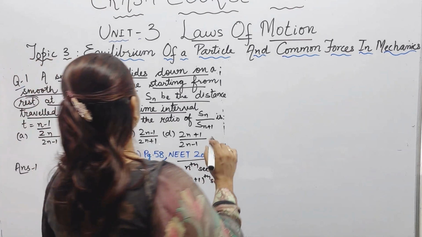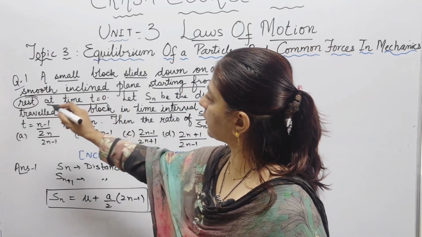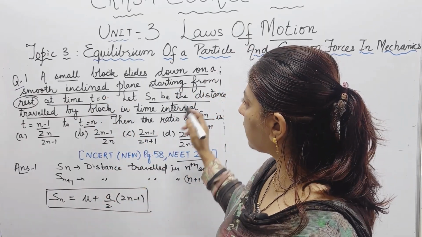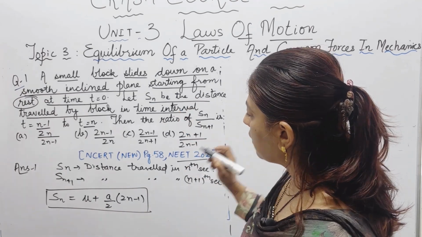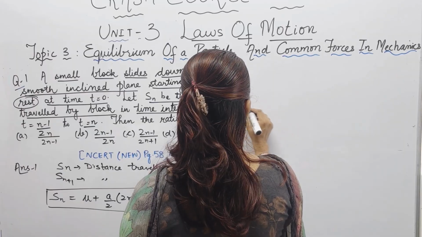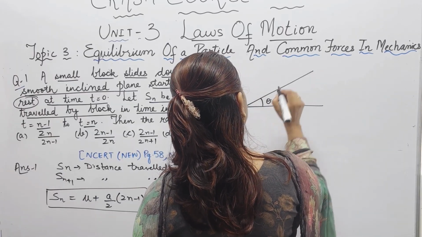If we look at the things that have been given to us, this has been mentioned starting from rest. Starting from rest means u is 0. It is sliding down on an inclined plane, so we need to find out the acceleration. So this is the inclined plane, say at an angle theta.